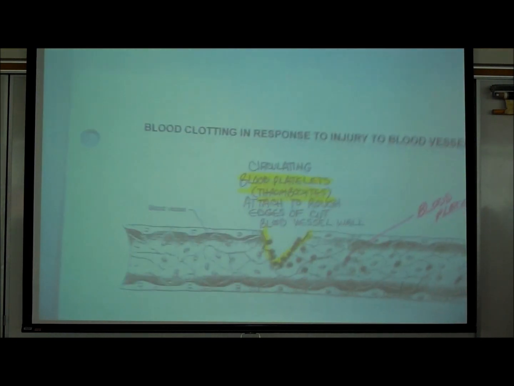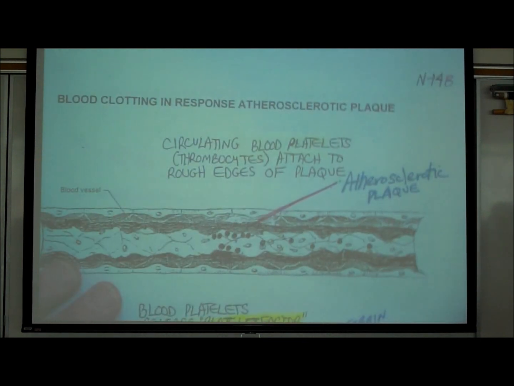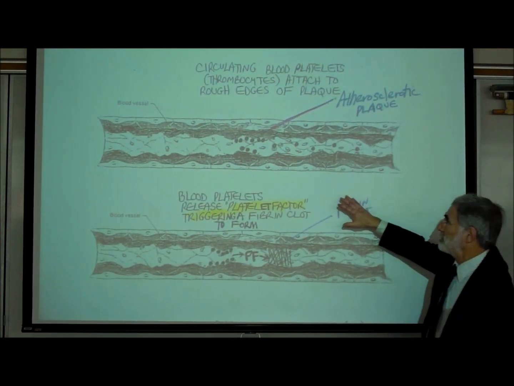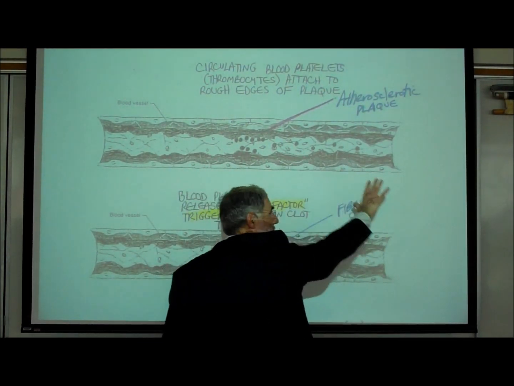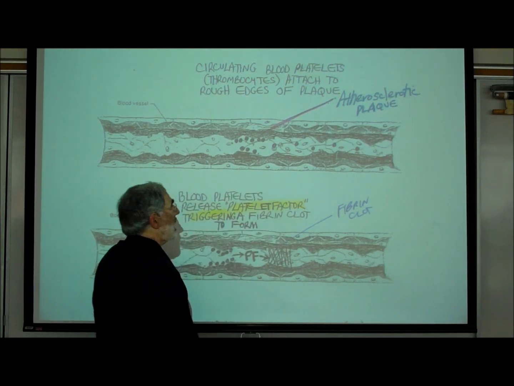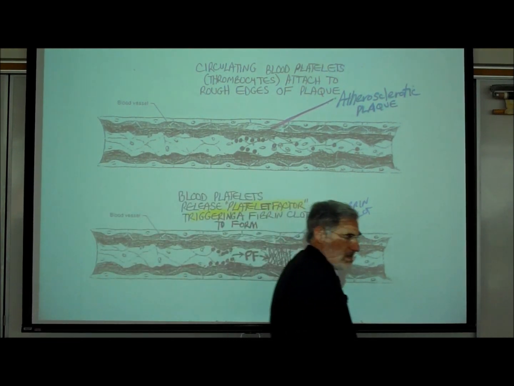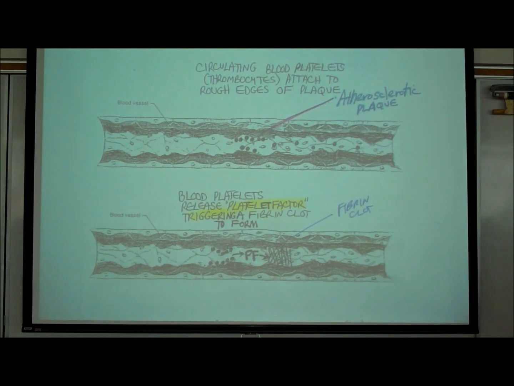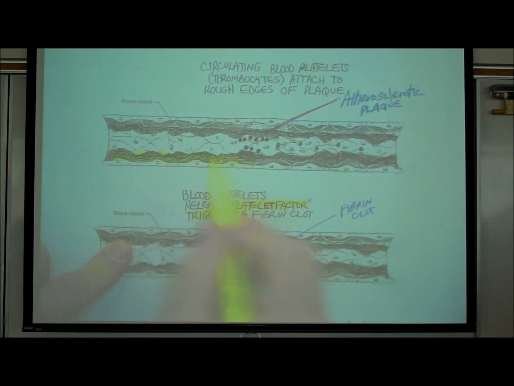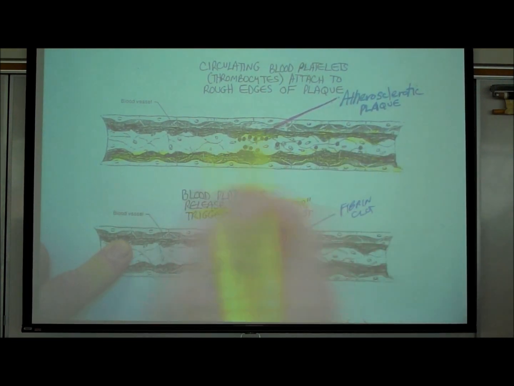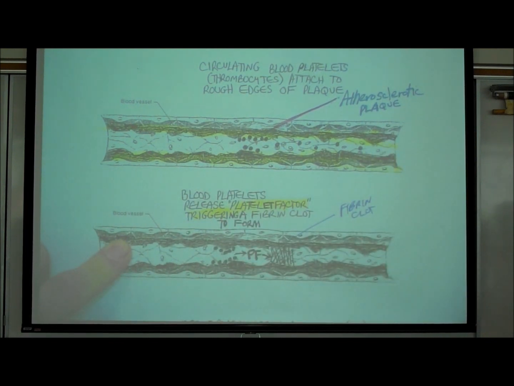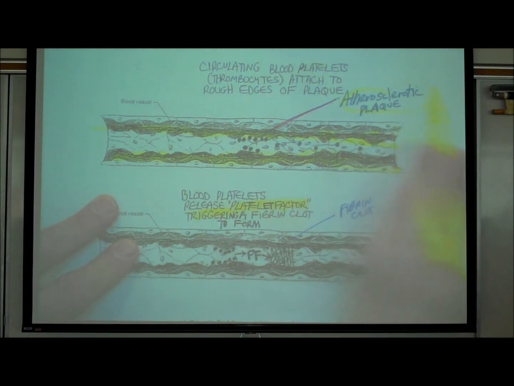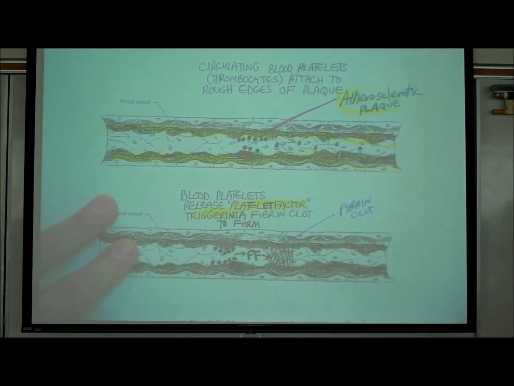So on N14B, I created a picture of a cutaway view of a blood vessel, an artery. And we show that this artery has a bunch of crud that's built up on the inner walls. And that stuff is mostly fat and cholesterol and calcium. This is known as atherosclerotic plaque.